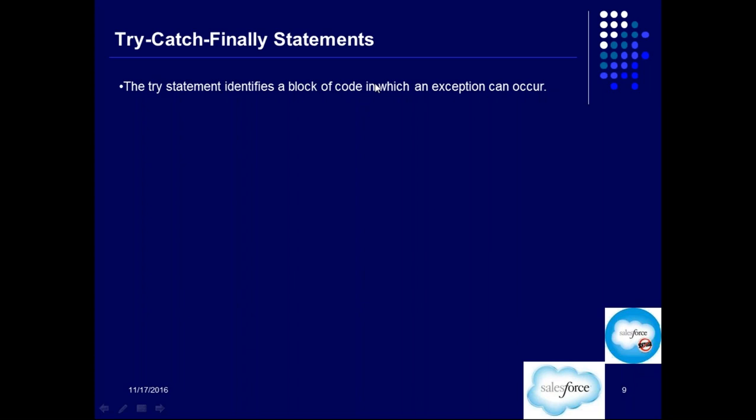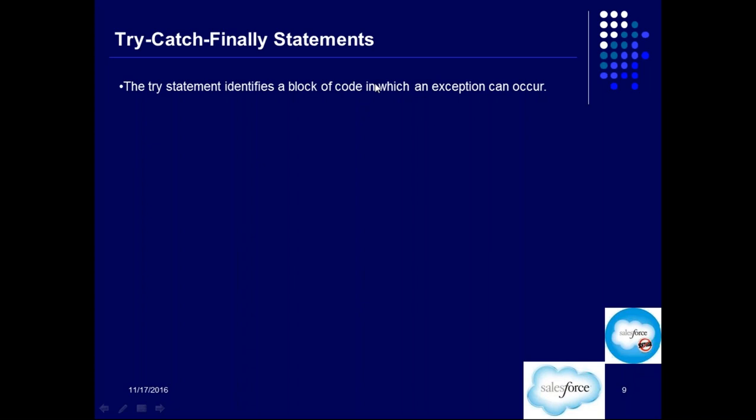You know that there is an insert statement and there is a scope of error there. So that insert statement can be written inside the try block, so that whenever the user tries to perform that insert, I can write a catch statement which will catch the exception, get the details of that exception, and display it to the end user. And then I can also have a finally statement which is going to perform the other part of the code.